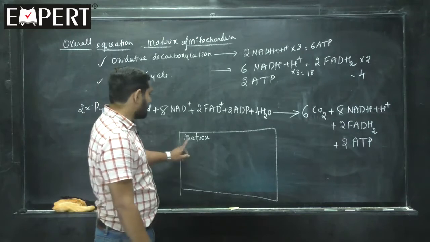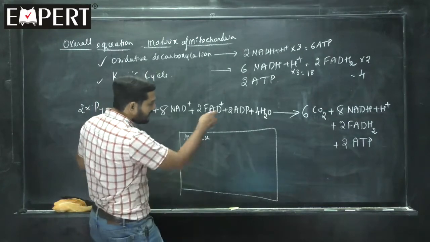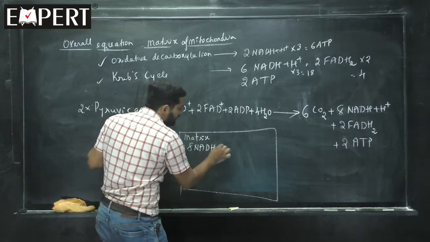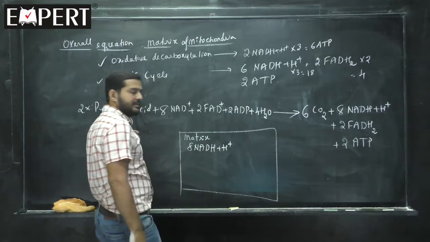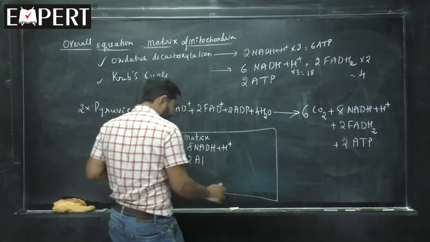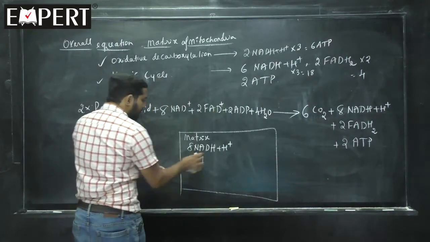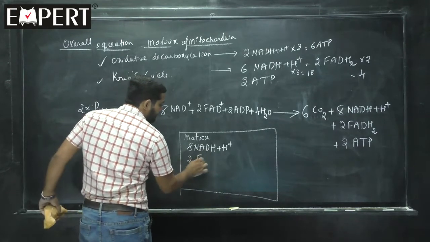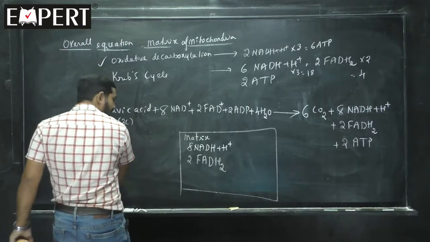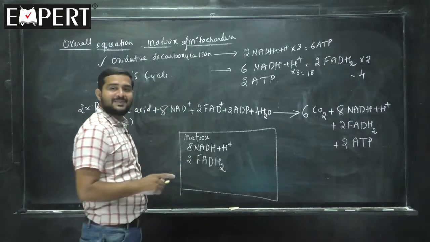Remember. So, let us come here to do that. 8 NADH plus H plus, 2 FADH2. Remember, 1 NADH plus H plus can form 3 ATP.